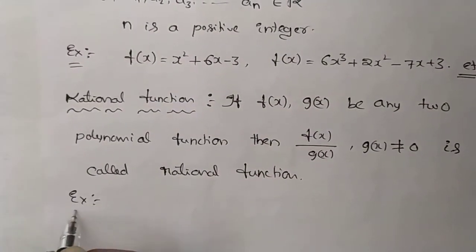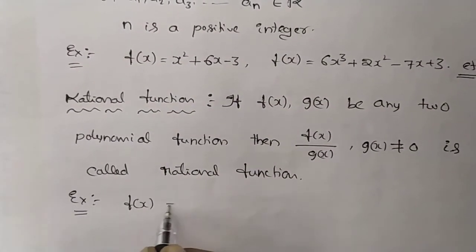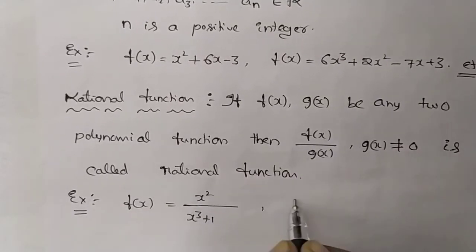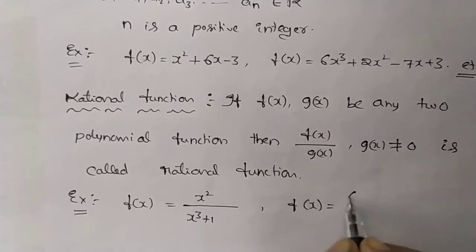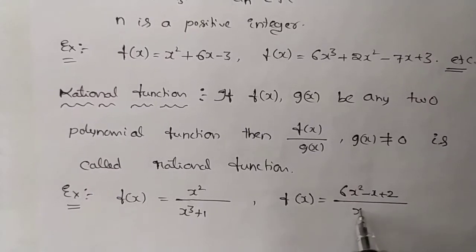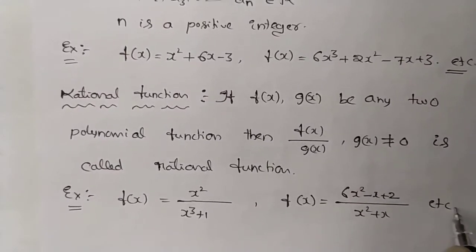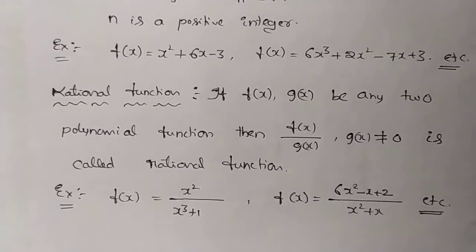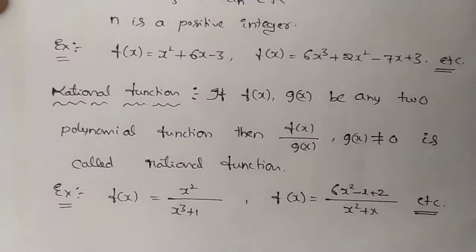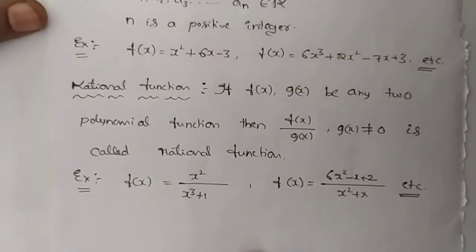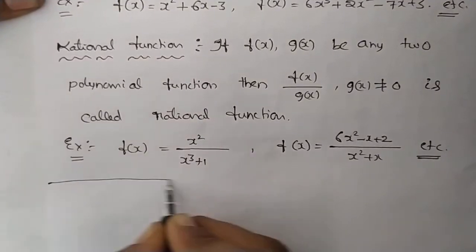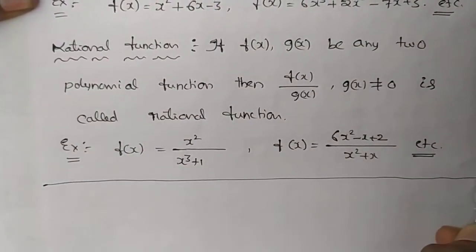Examples for these rational functions will be f of x equals x square divided by x cube plus 1, and also f of x equals 6x square minus x plus 2 divided by x square plus x, etc. Hence these are the types of functions.